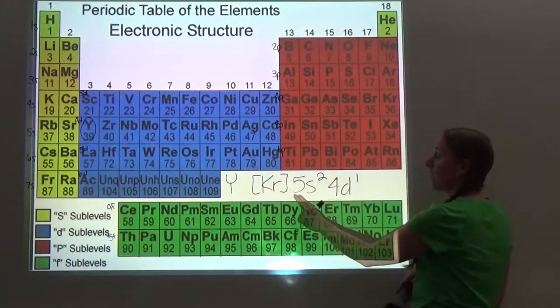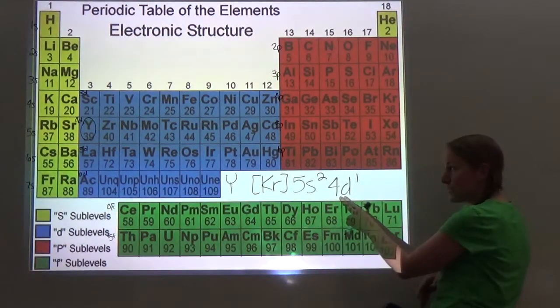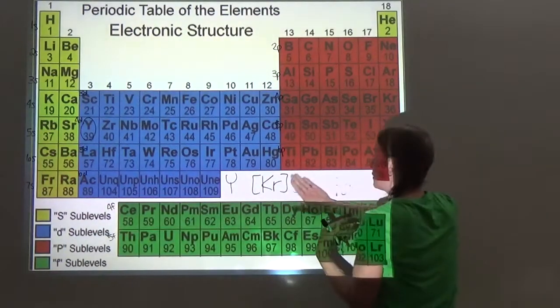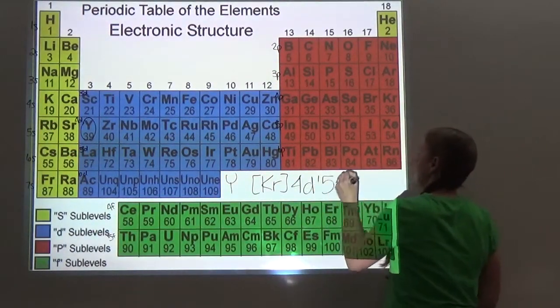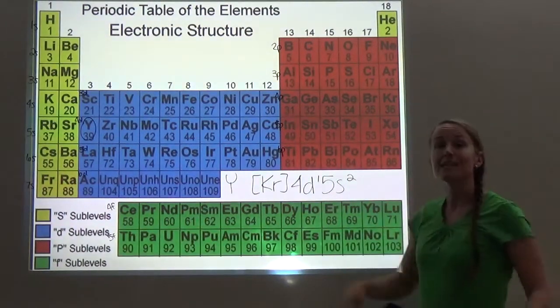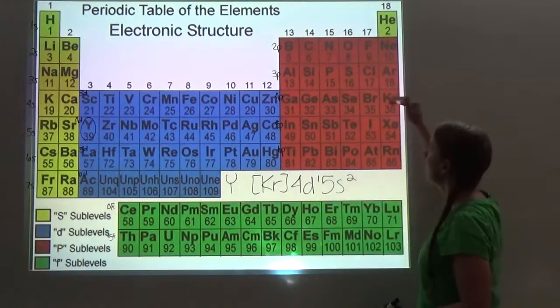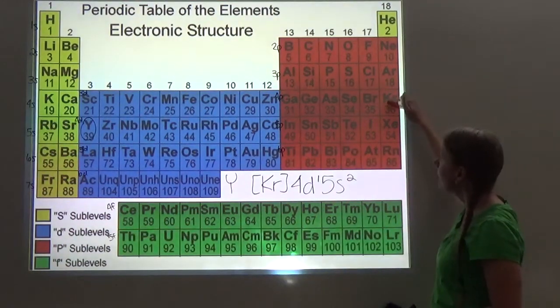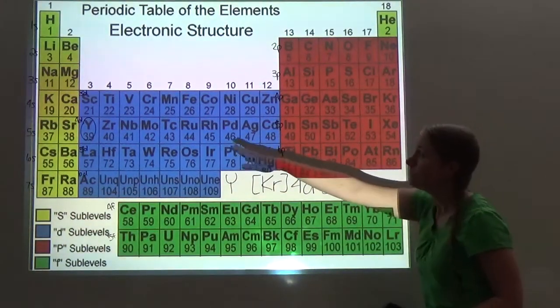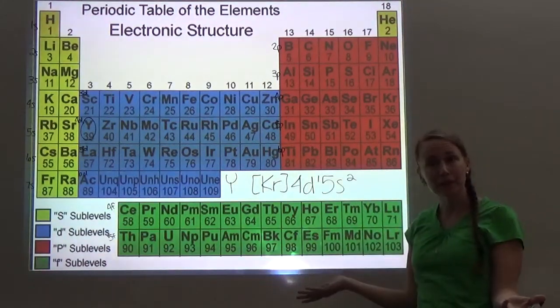I have 5s and then 4d, so I'm going to change it to 4d1, 5s2. That's all we're doing: you just start at the last full row and put that noble gas, and then just finish off the row that is incomplete.